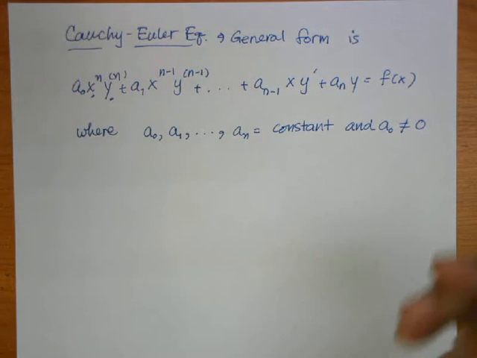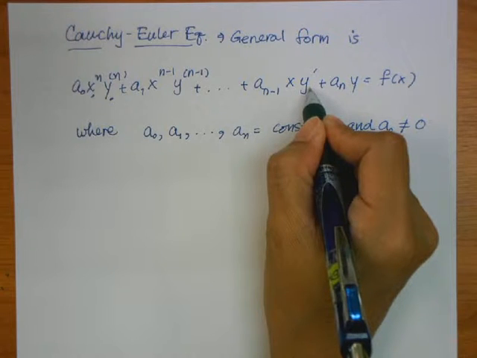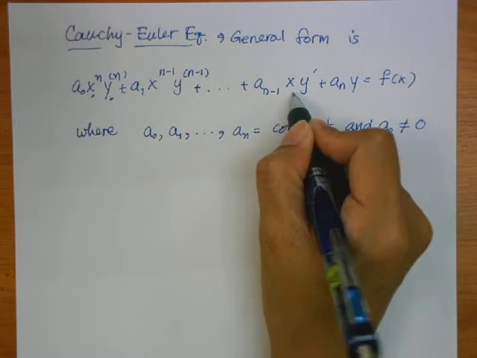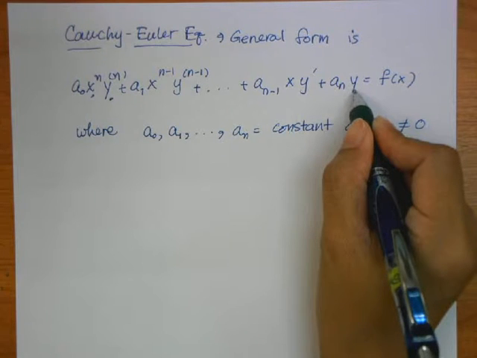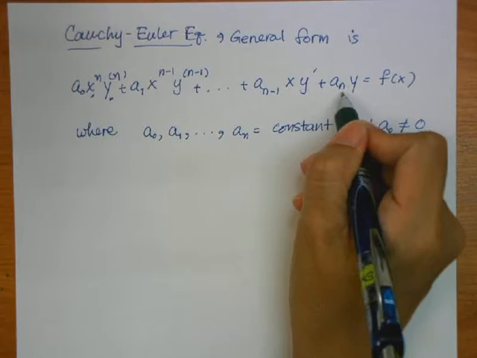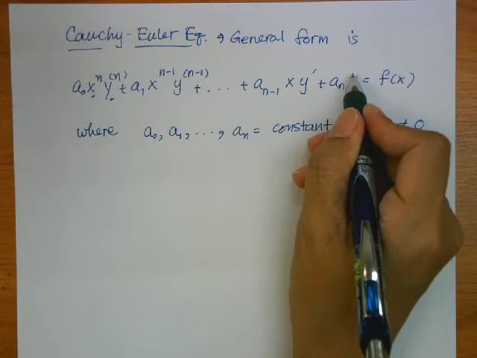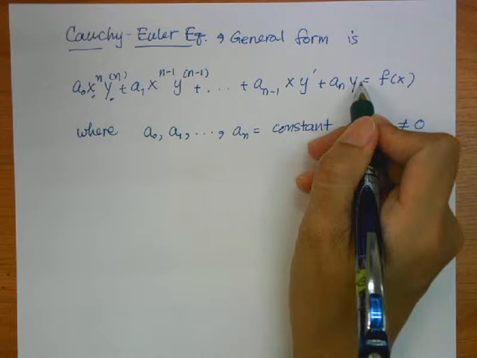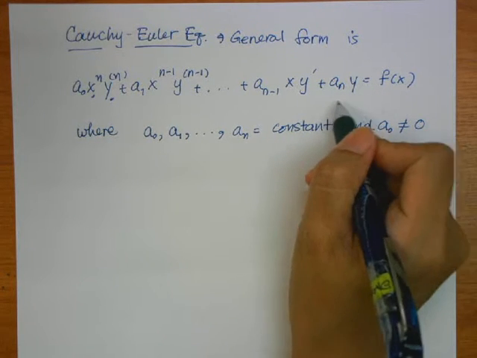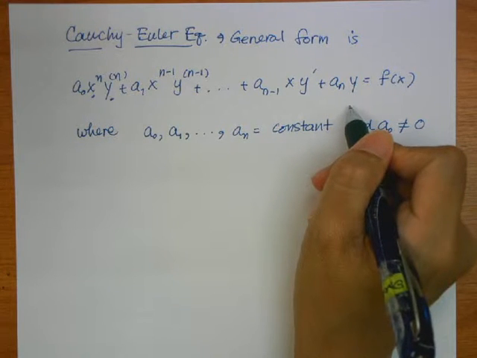This is the first derivative of y, so it is multiplied by x to the power 1. This last one has no derivative of y, only y, so actually it is multiplied by x to the power of 0, which is equal to 1.